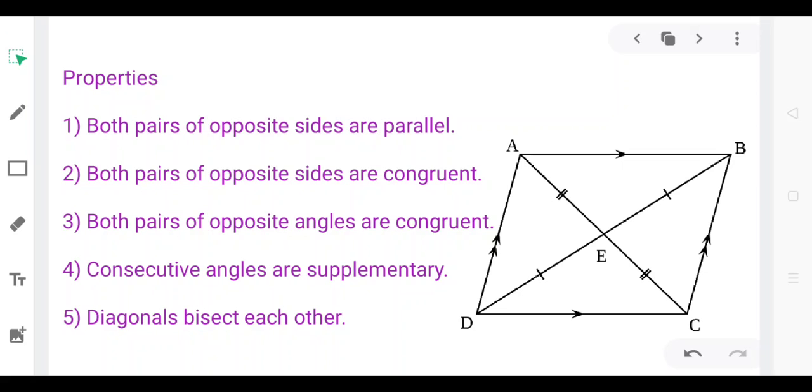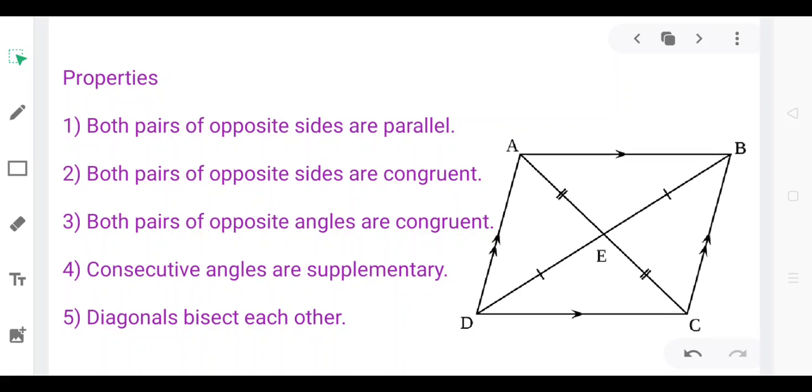Third property, both pairs of opposite angles are congruent. That means opposite angles will be equal. Angle A will be equal to angle C and angle D will be equal to angle B. Fourth property, consecutive angles are supplementary. That means if we add angles A and D, their sum will be equal to 180 degrees.